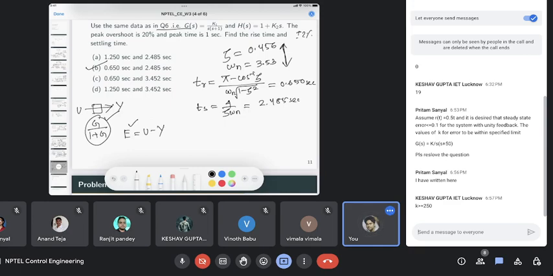Then you have this error value, and you want this error to be below 0.1, right? So then you can use the final value theorem. Because you are calculating the steady state, that means t goes to infinity.